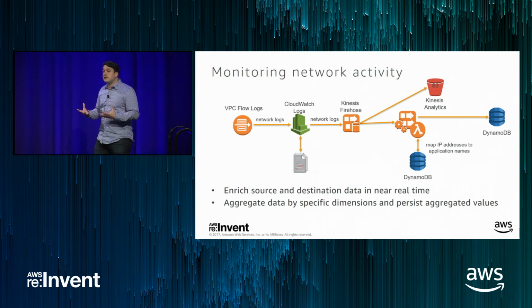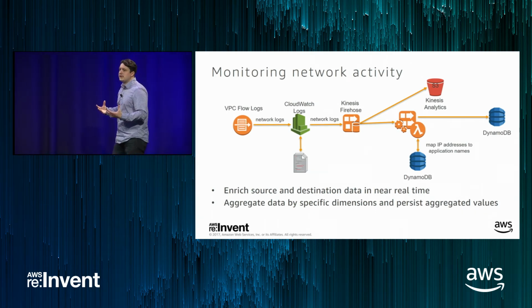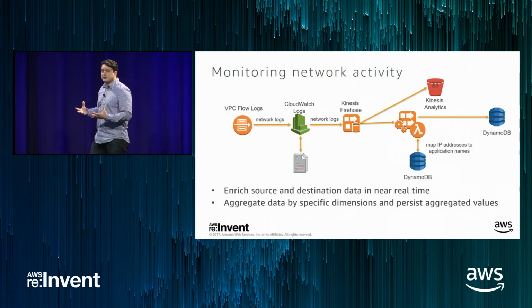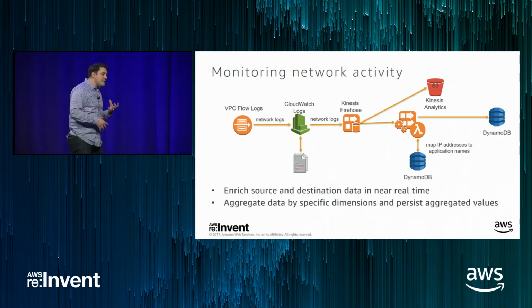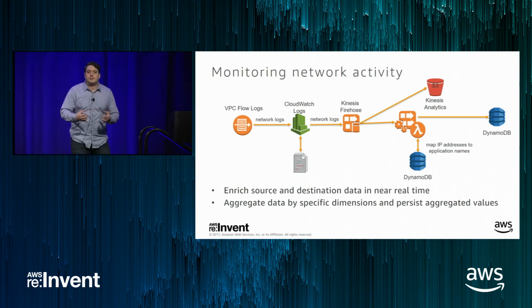For VPC flow logs, the most obvious use case is doing intrusion detection using the anomaly detection algorithm, like detecting DDoS attacks and things like that, using simple counts. But the more dimensions you add to the algorithm, the more accurate it becomes.